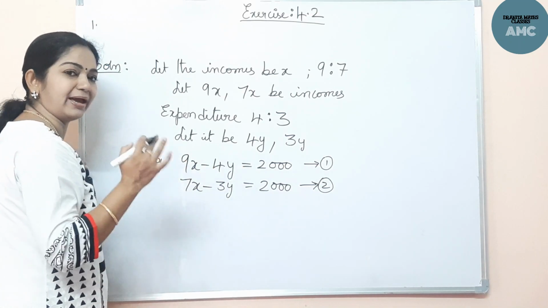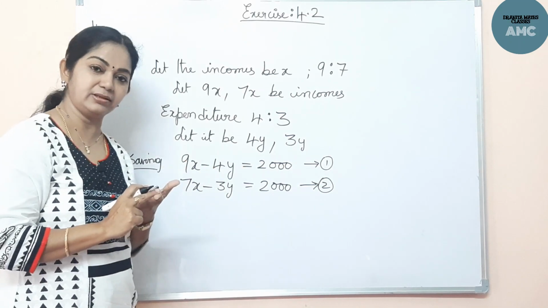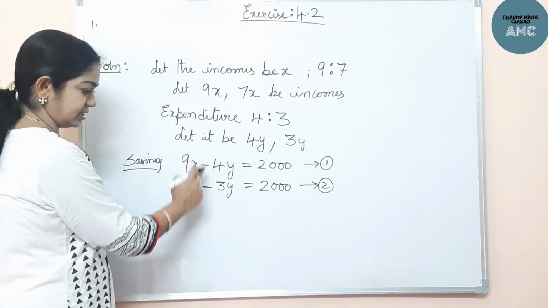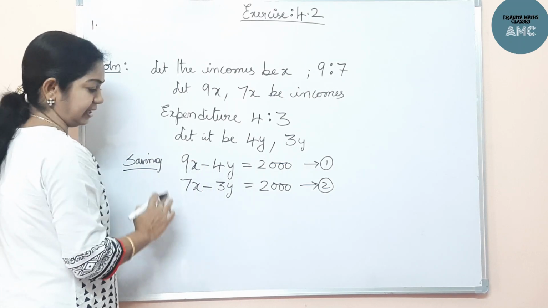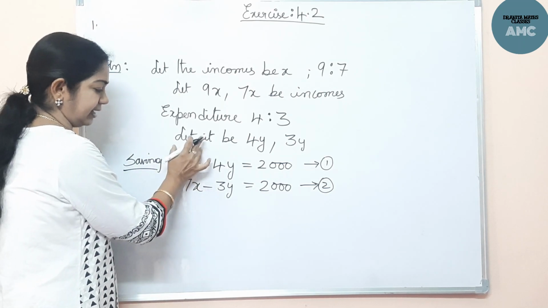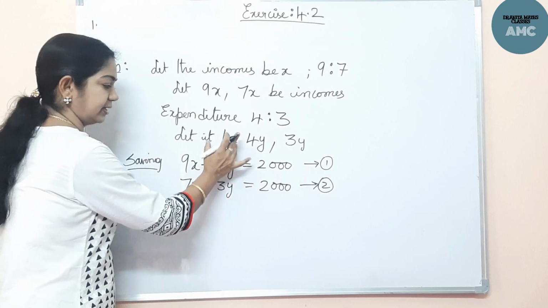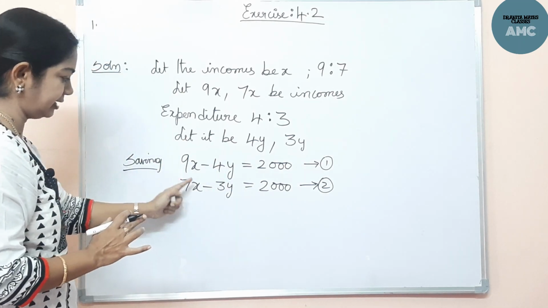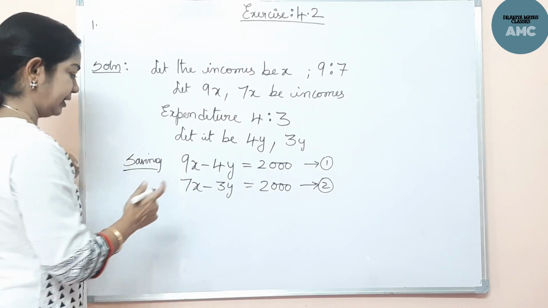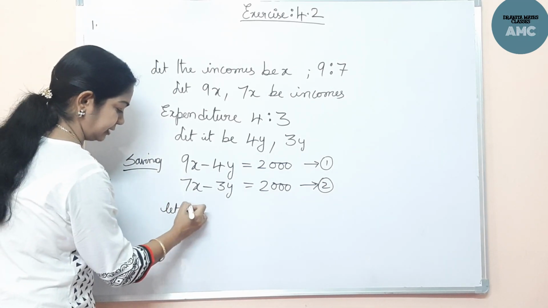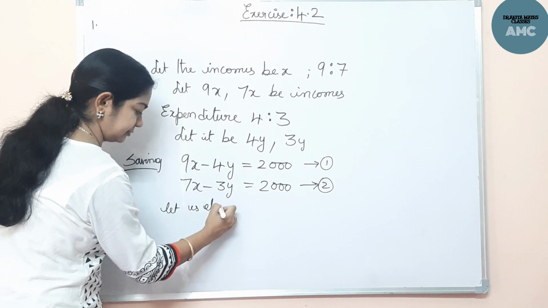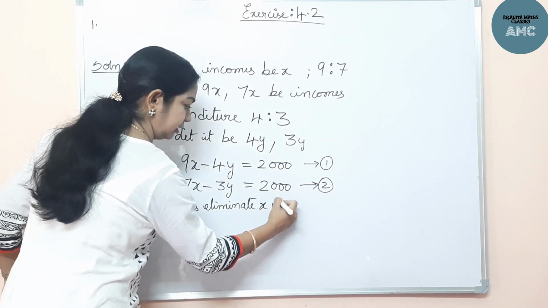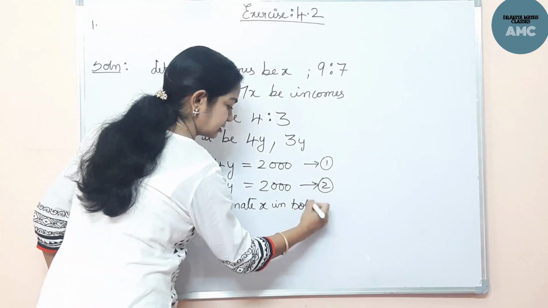Now we can go by any method, the substitution method or the elimination method. Let us go with the elimination method. We can eliminate x or we can eliminate y. Any one variable we will be eliminating. Let us eliminate x in both equations.